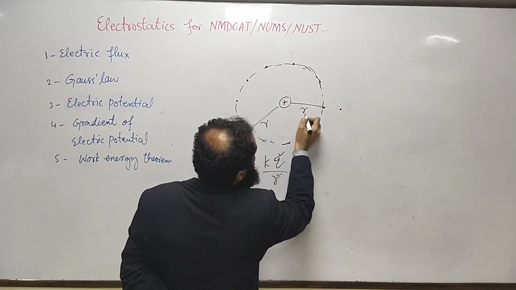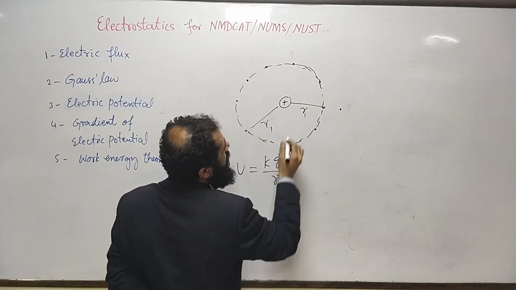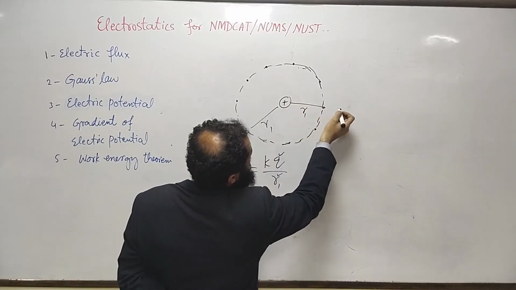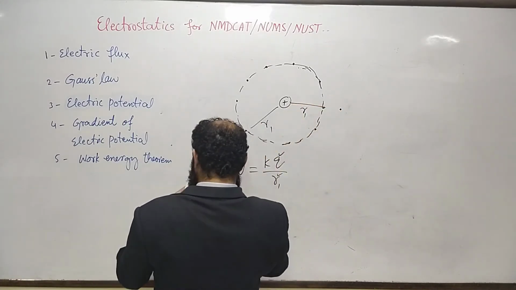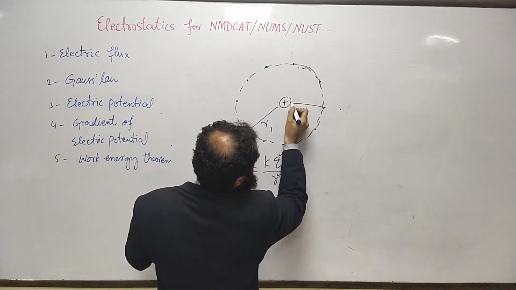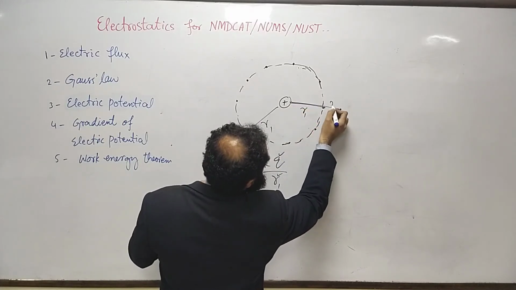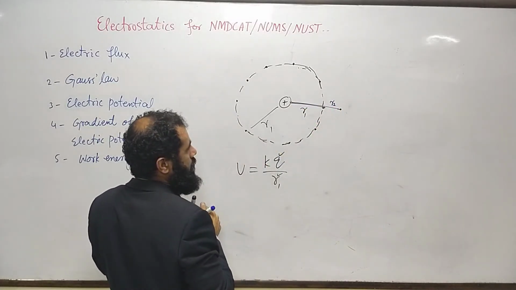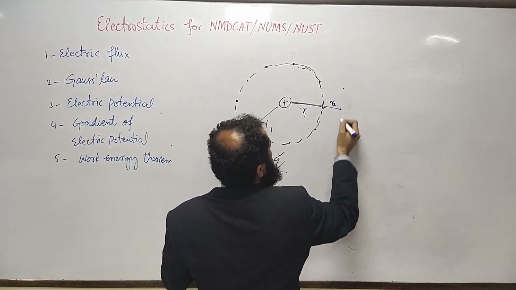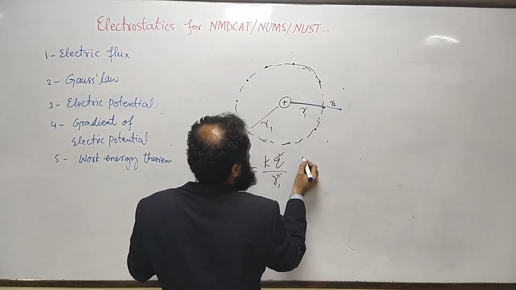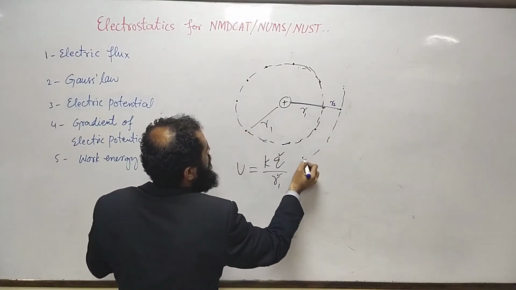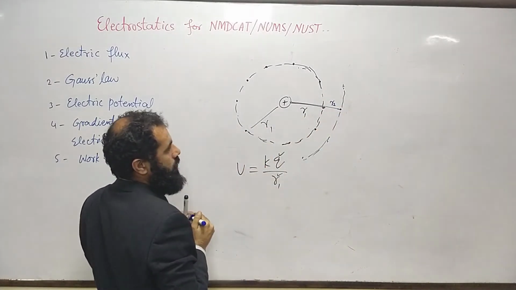For that I would need what? I would need the distance of that point, and that is R2. And similarly, I draw another circle of radius R2.